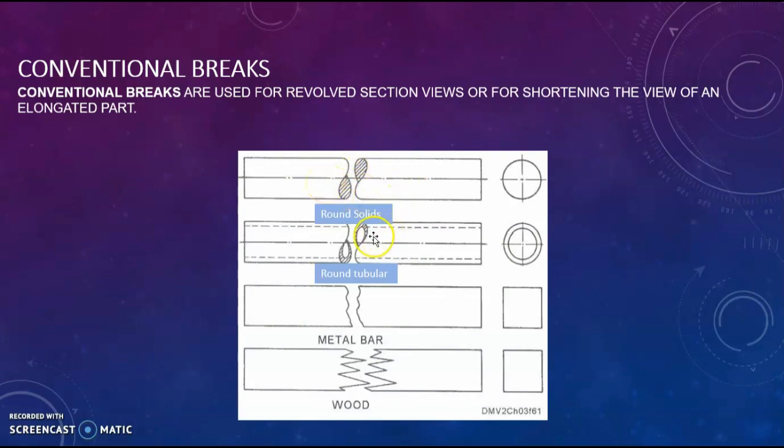But when you see that the end or the broken part of this material is sectioned like this, that means that object is a round tubular object. But when you see such a convention, that means it's a rectangular metal bar. That means the material we are talking about is a rectangular bar.